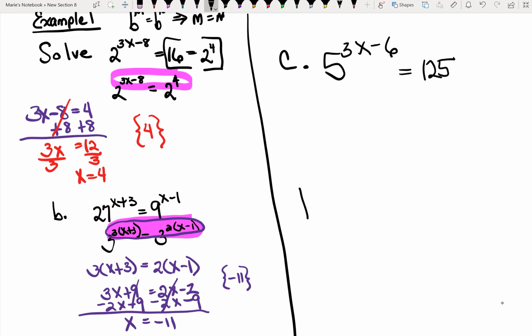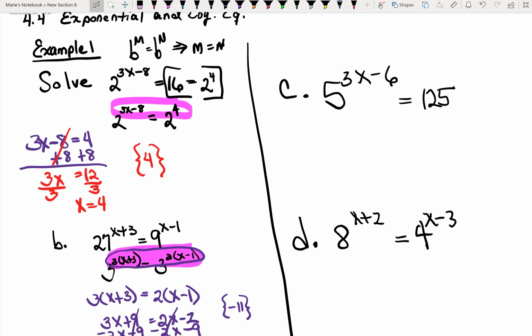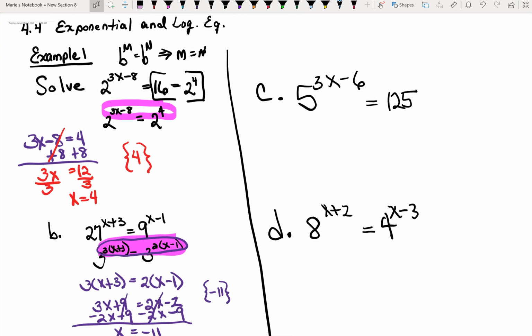And in D, I'm going to give you 8 raised to the x plus 2, and I'll set this one equal to 4 raised to the x minus 3. I'll give you, like I said, a couple of minutes. This should not take you very long.